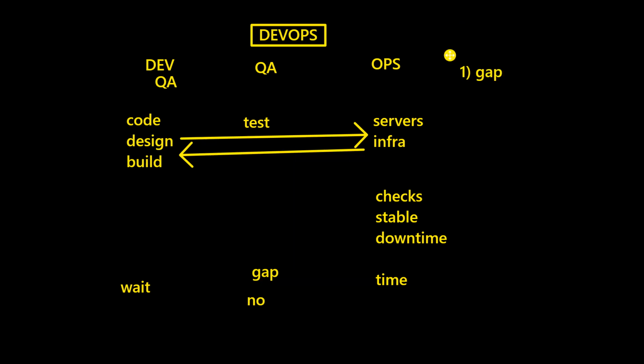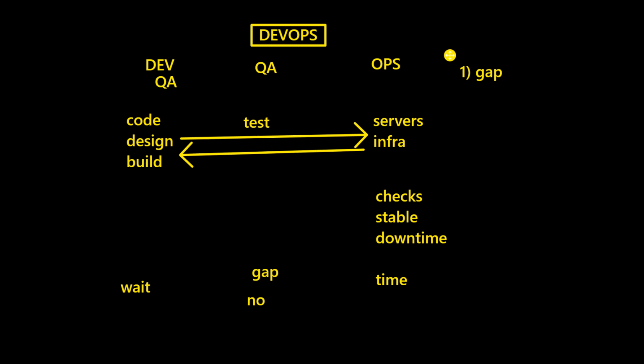And there is the blame game too. If management asks the development team why there is downtime or why the application is crashing or not stable, they might point to the ops team, and ops points to the dev team. That will also get eliminated once they come together and work as a single team.